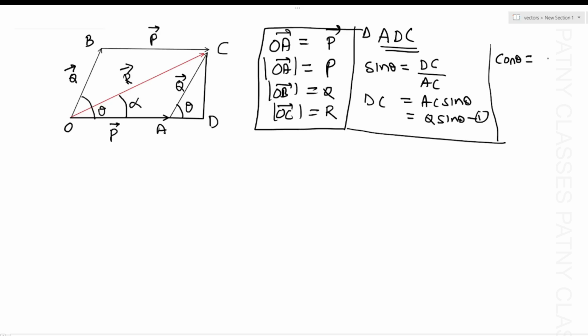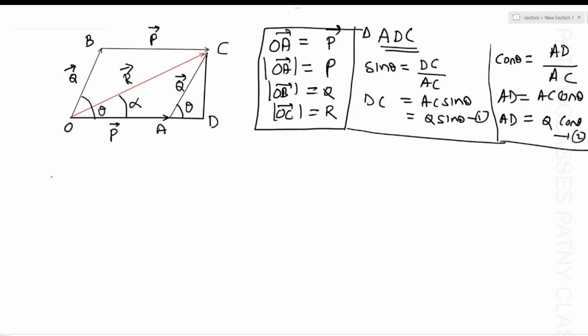Cos theta equals the adjacent side, that is AD, upon the hypotenuse, that is AC. So AD equals AC cos theta. Again, the AC value is nothing but Q, so AD equals Q cos theta. This is equation number 2, and we got the AD value and the DC value.